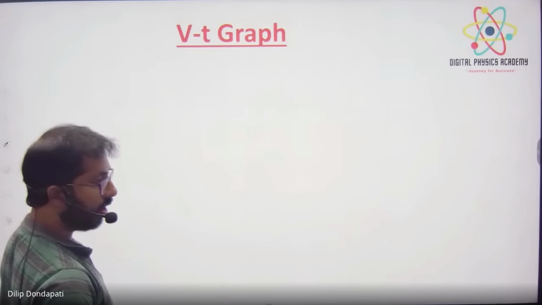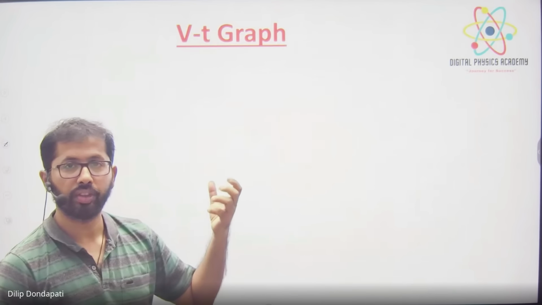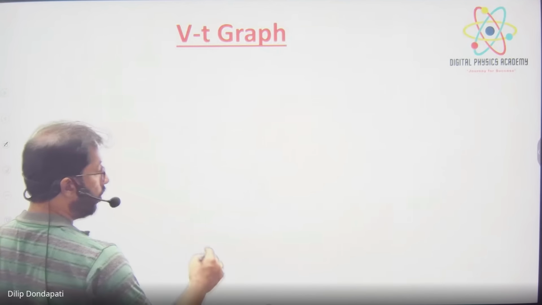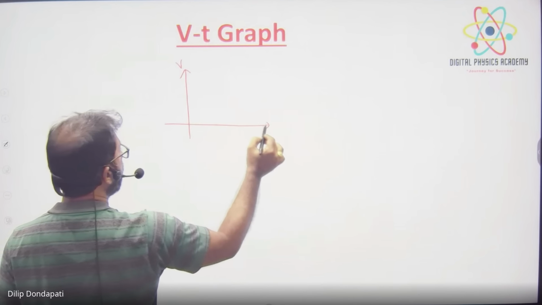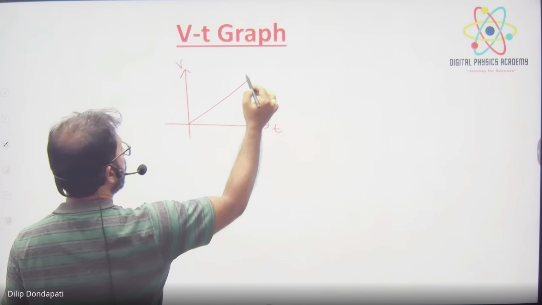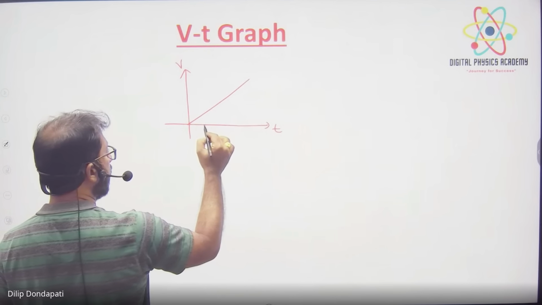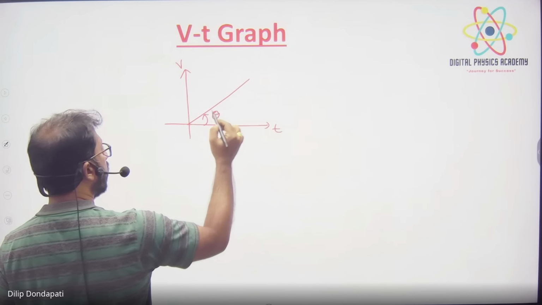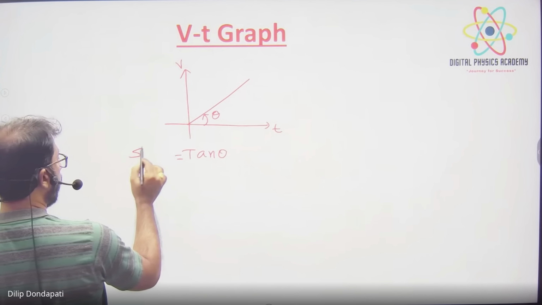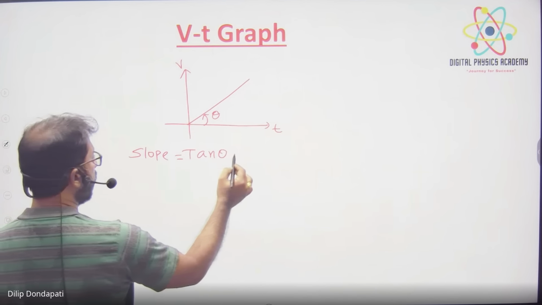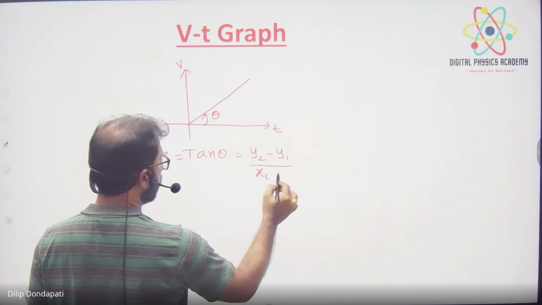Now we'll go for the velocity time graph. Same thing: once the displacement time graph is clear, the velocity time graph works the same way. Say a velocity time graph is given and I am trying to find the slope of this graph. The angle the line makes with the x-axis is theta, and tan theta is called the slope, right? The formula for tan theta is y2 minus y1 by x2 minus x1.